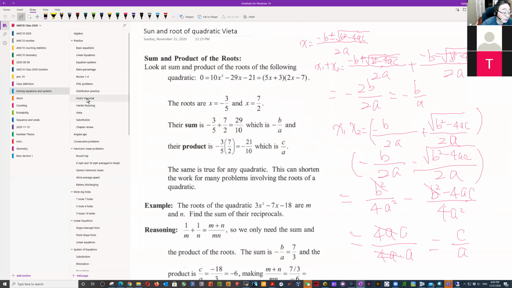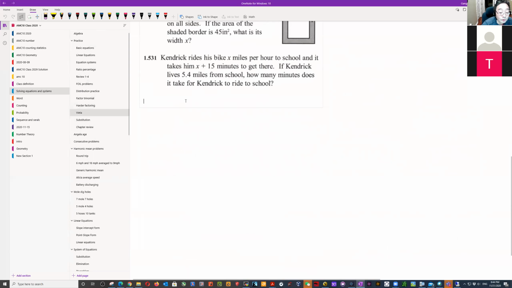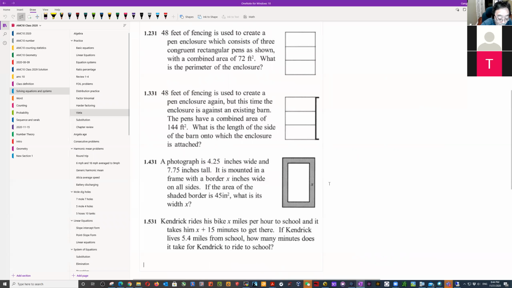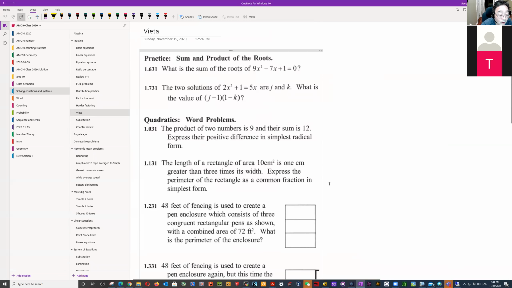In the contest, they actually do a lot of Vieta problems. So let's try to do some of those. Yeah, let's try to do this problem.